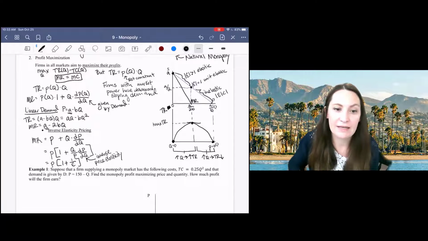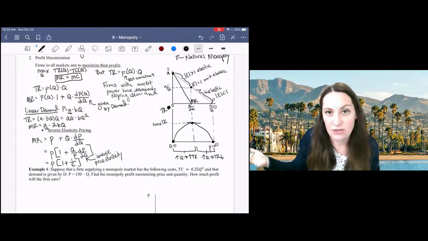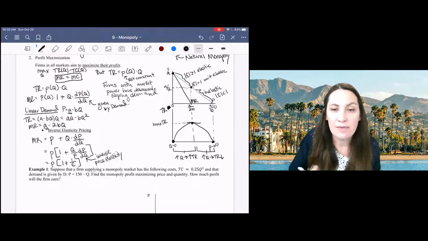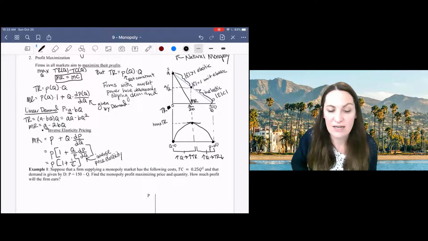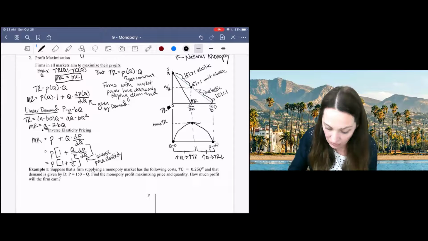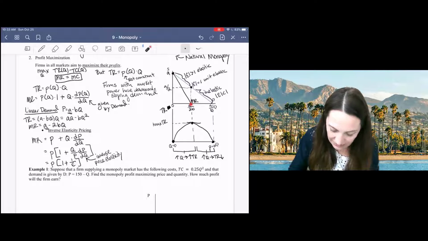Why? Because, of course, as I produce a larger quantity, my costs go up. So I only want to continue producing as long as my marginal revenue is higher than my marginal cost, and marginal revenue goes to 0 at the unit elastic point.